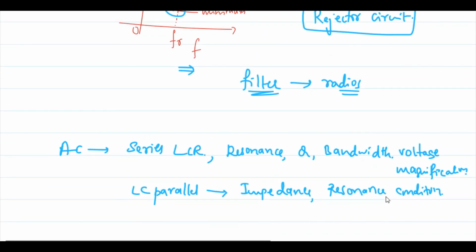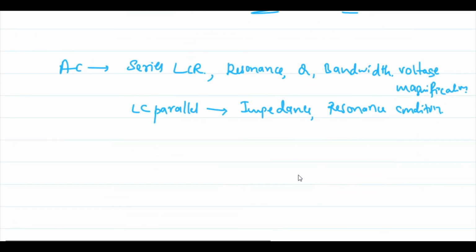So this chapter is going to be completed by this concept. For the remaining part of this chapter, I will discuss the phasor diagram as a special lecture, and in that I am also going to discuss some problems regarding this chapter.